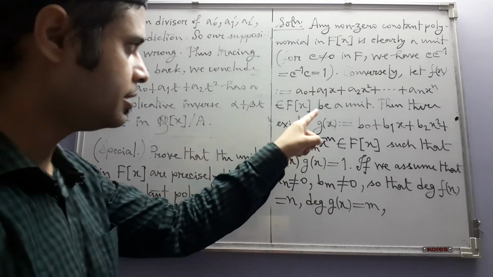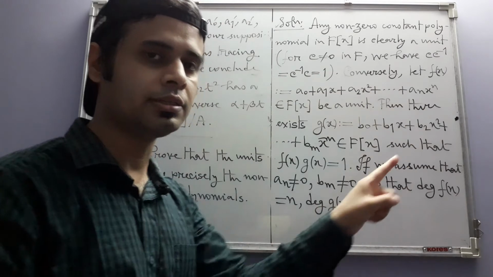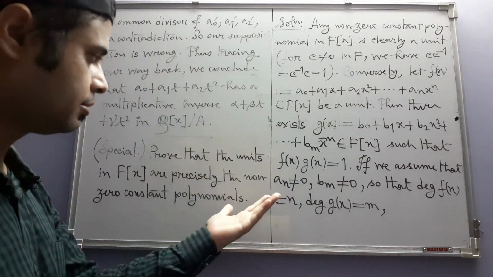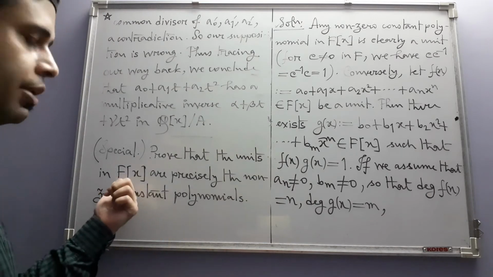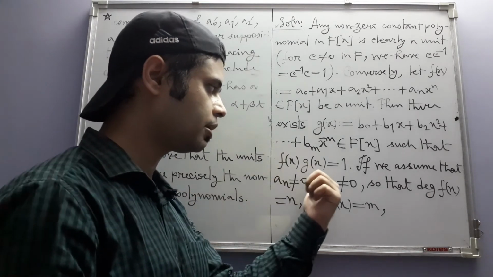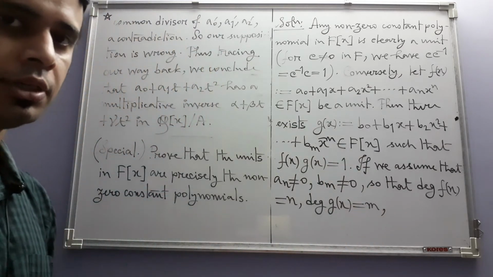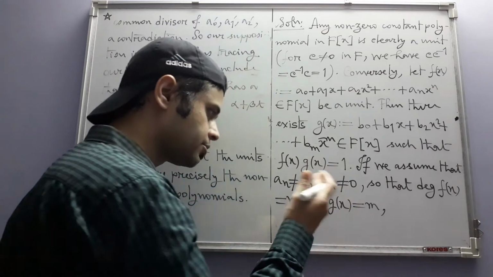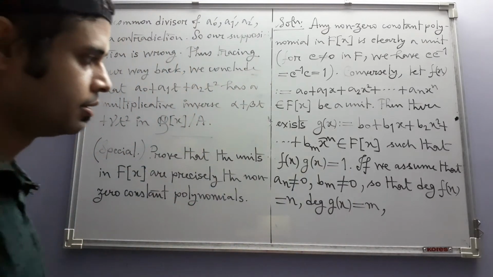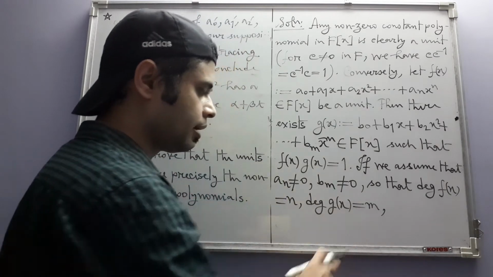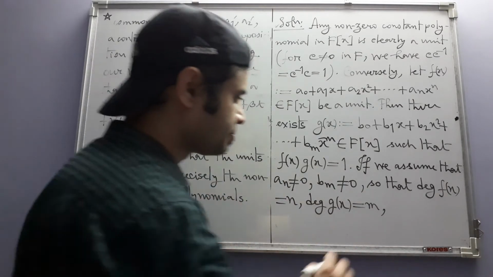Keep in mind that these are not ordinary real numbers; they are general field elements, because our field is completely general. However, in any field, the 0 element is never equal to the unit element. So g(x) is also non-zero, so g(x) will also have some degree. So we assume that their degrees are n and m respectively.